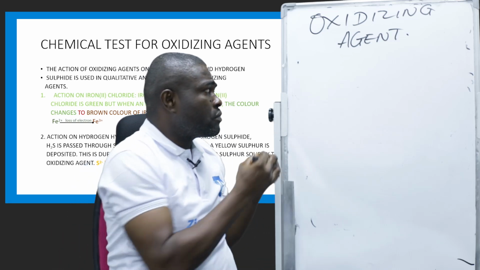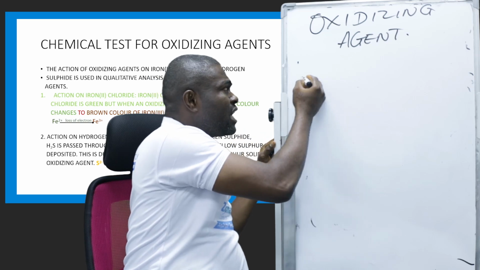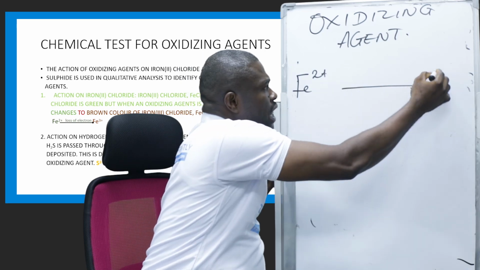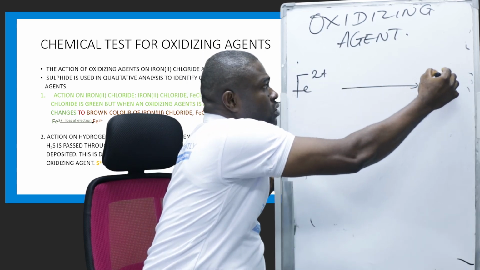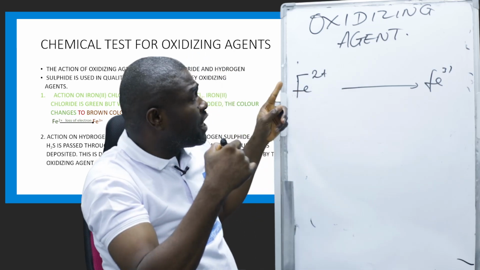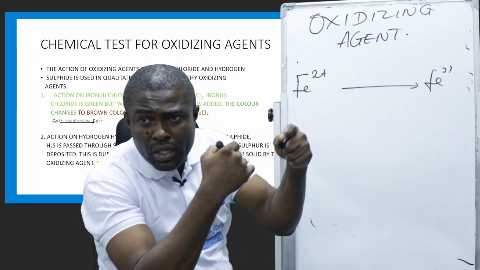What is happening? The oxidizing agent will oxidize the iron 2 to iron 3. The oxidizing agent is responsible for taking iron 2 to iron 3.